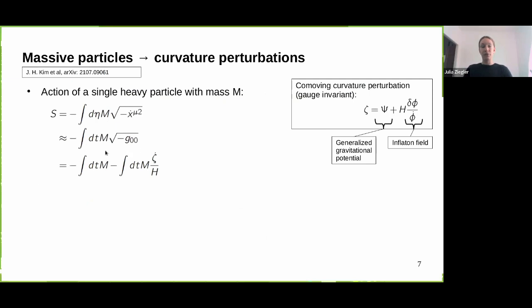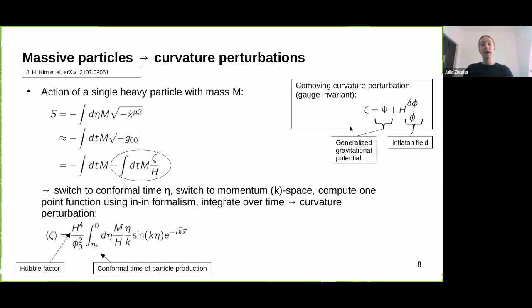In the ADM formulation, then we can write it down as you can see here, where zeta appears, which is the co-moving curvature perturbation, which is a gauge invariant quantity. And it is defined as the generalized gravitational potential, with H being the Hubble constant and phi the inflaton field. And for the following, the important part is the last part of the action where this zeta appears.